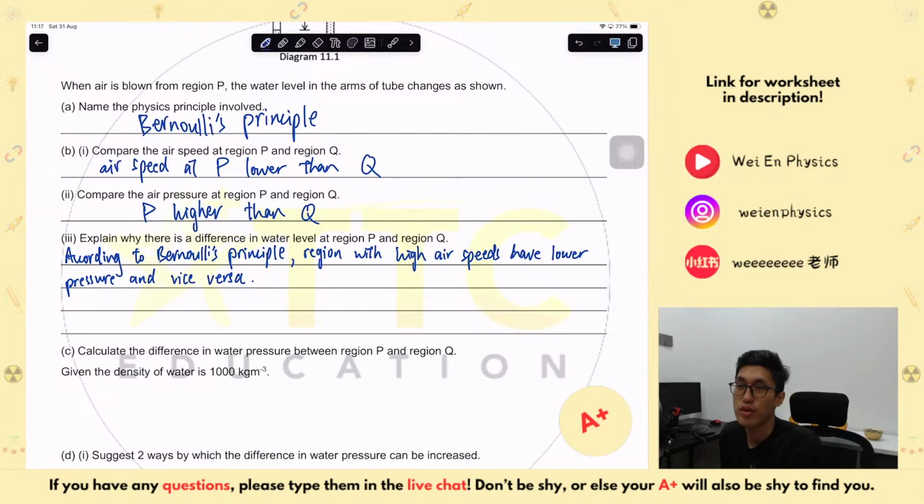Regions with high airspeed have lower pressure, and regions with low airspeed have higher pressure. That's the meaning of vice versa. Alright. Next.